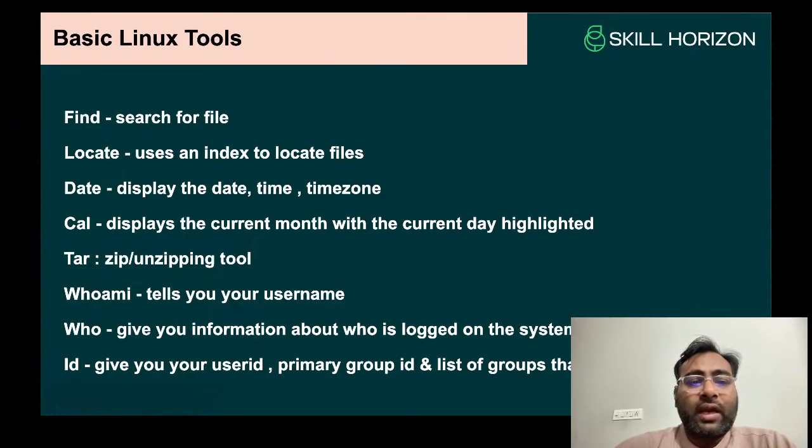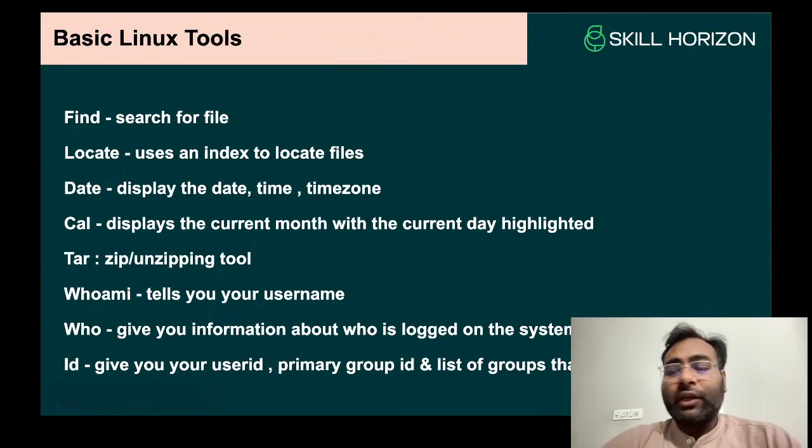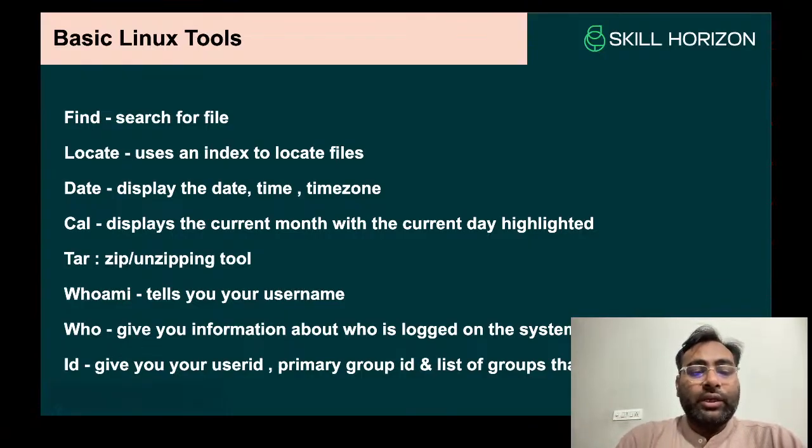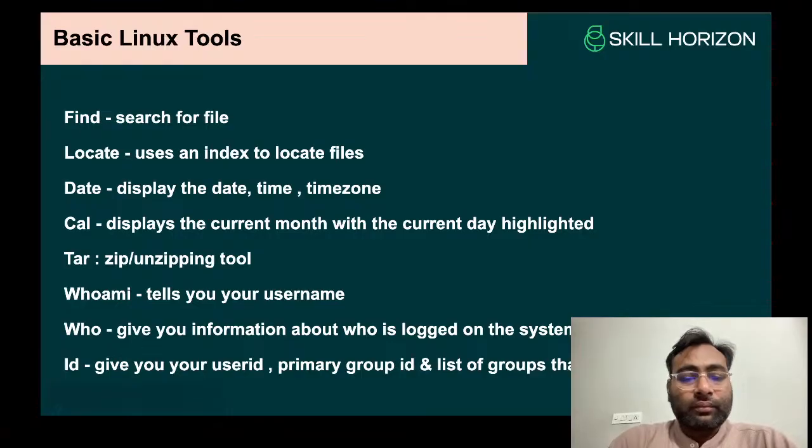After that, we have some basic tools like find, locate, date, calendar, a zipping and unzipping tool, whoami, who, and id. So these all are some basic tools which you can use for your purpose.